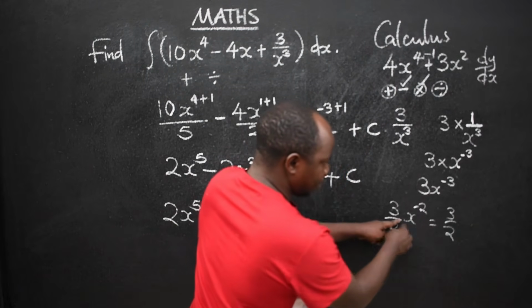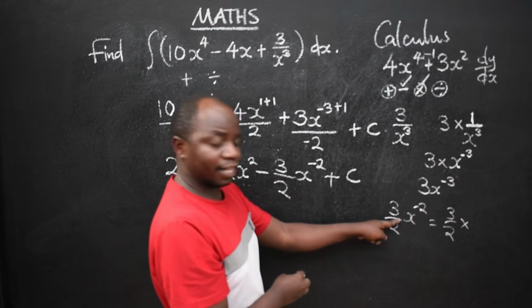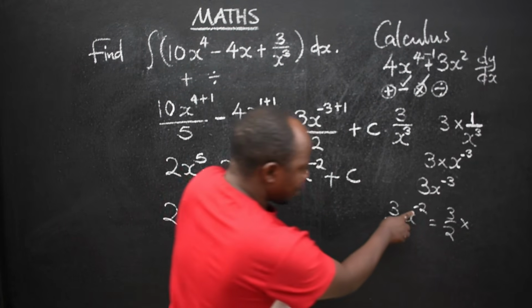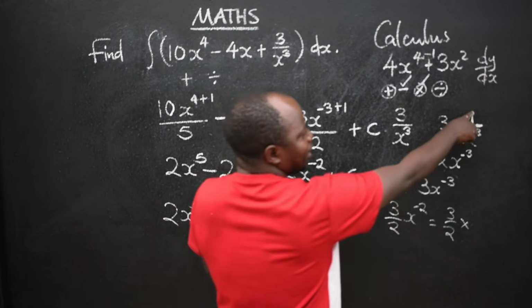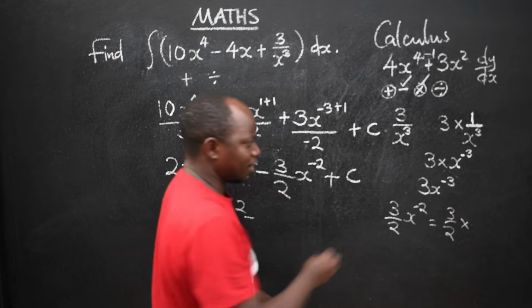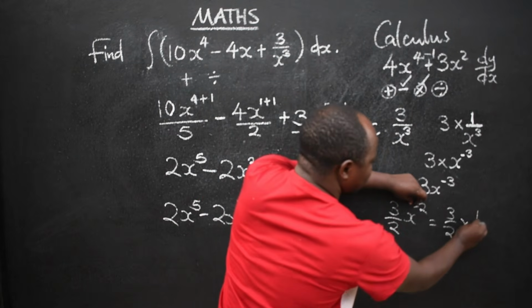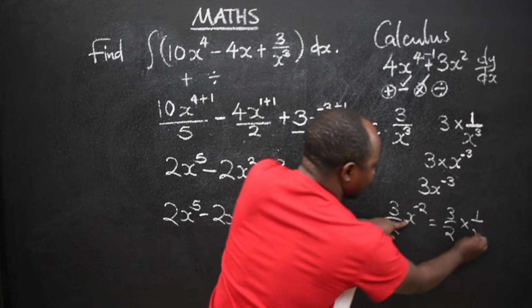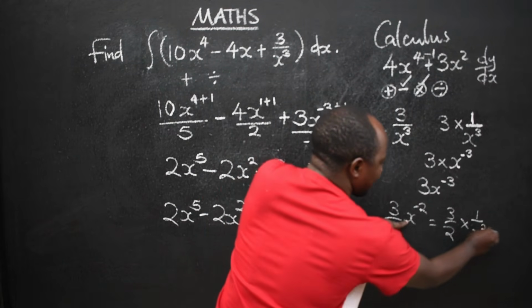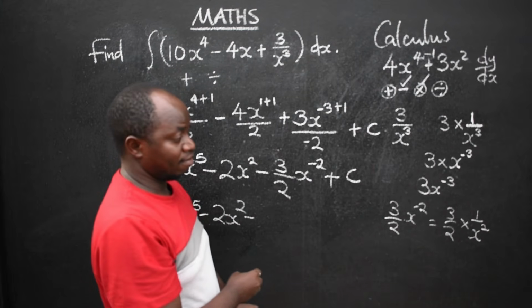So I'll say 3 over 2, there is multiplication in between here. Then this negative, remember I said negative means 1 over. So the negative just means 1 over. Then I'll have x, this will remain positive.